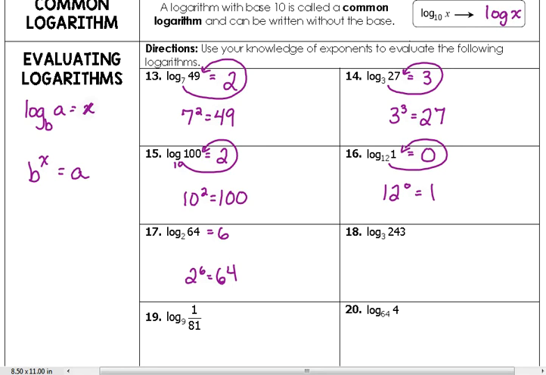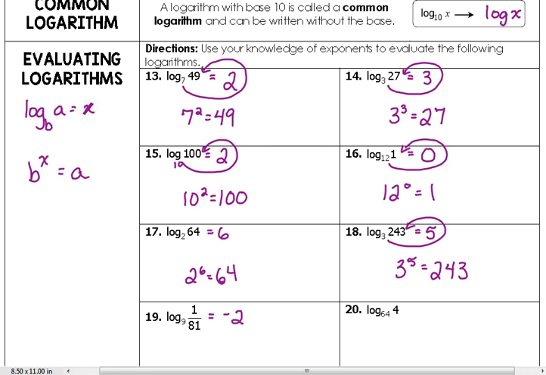How about log base 3 of 243? 5, very good. 3 to the 5th is 243. Number 19. Log base 9 of 1 over 81. -2, very good. 9 squared is 81, but it's in the denominator, so we have to give it a negative exponent.